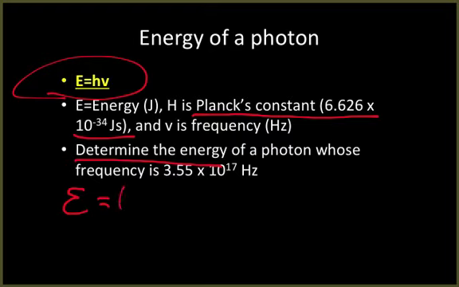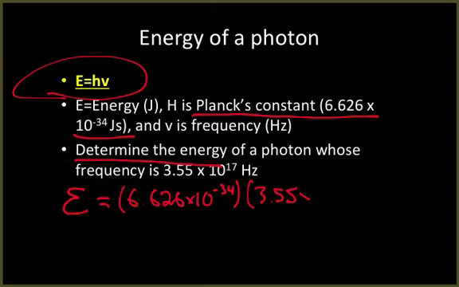H, again, Planck's constant, 6.626 times 10 to the negative 34th. And we're going to multiply that by the frequency, which is 3.55 times 10 to the 17th.